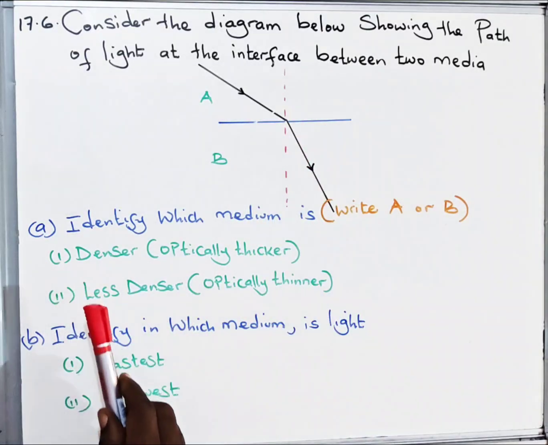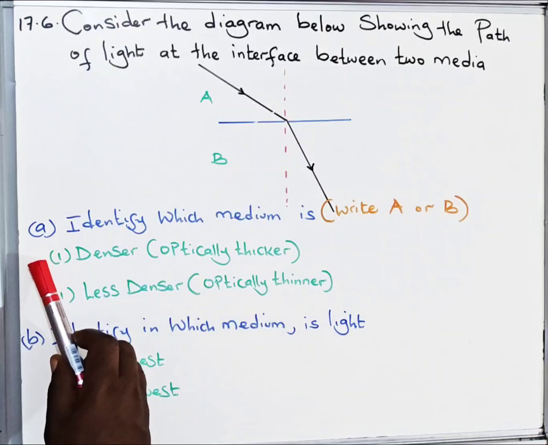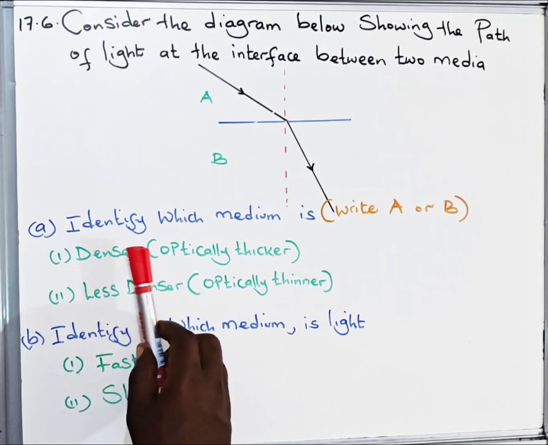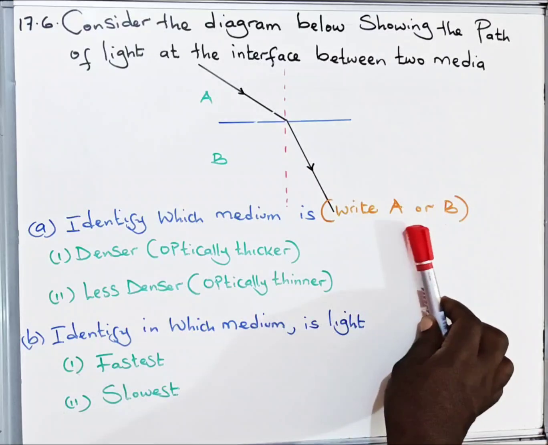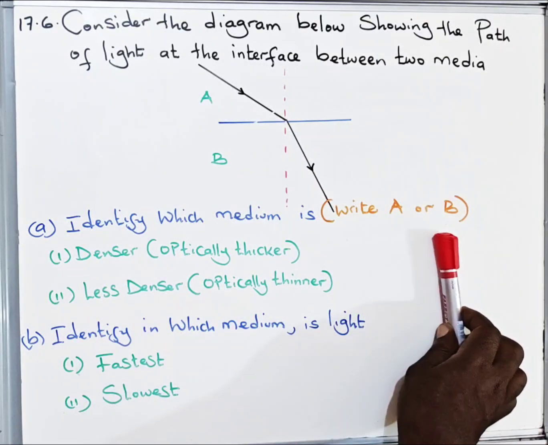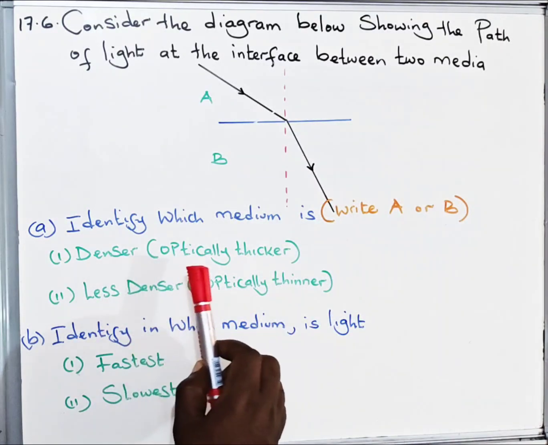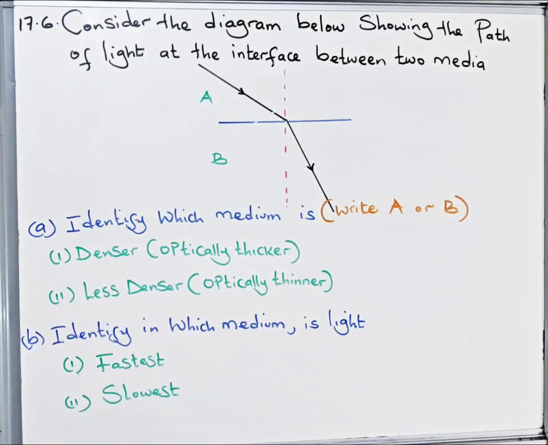The questions come. The first one, A, says, identify which medium, write A or B, is denser or optically thicker. How do we answer this, or what do we base on to answer the question?